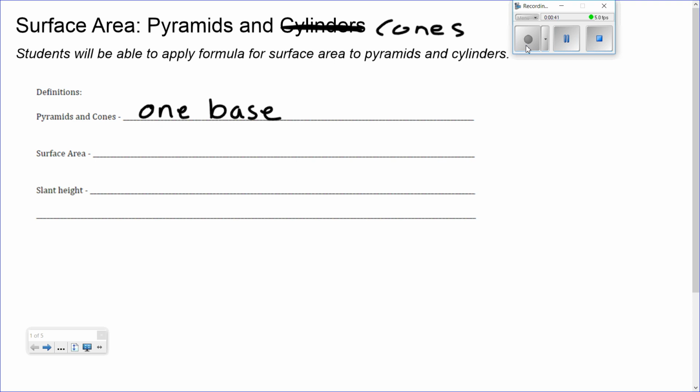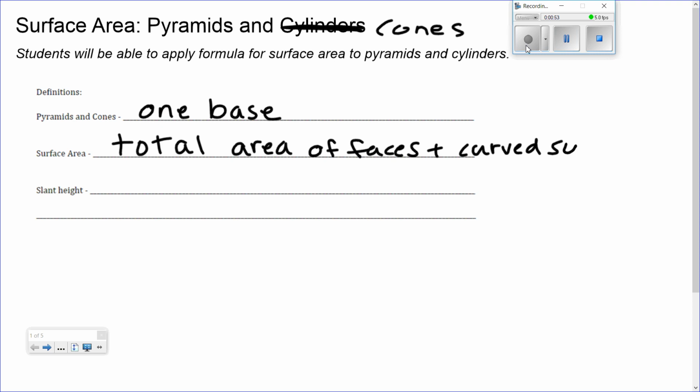So our surface area is going to be our total area of faces and curved surfaces again, and we talked about that one yesterday. This is where your pyramids and your cones have something a bit different.